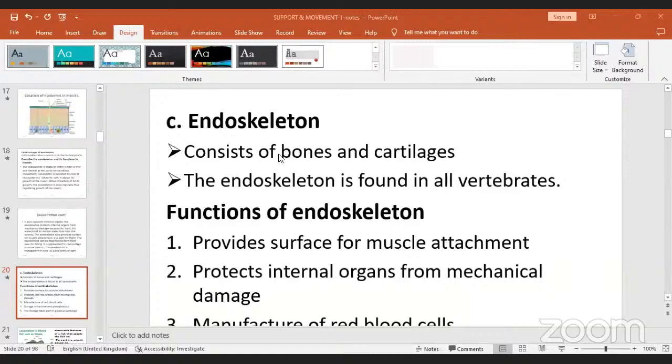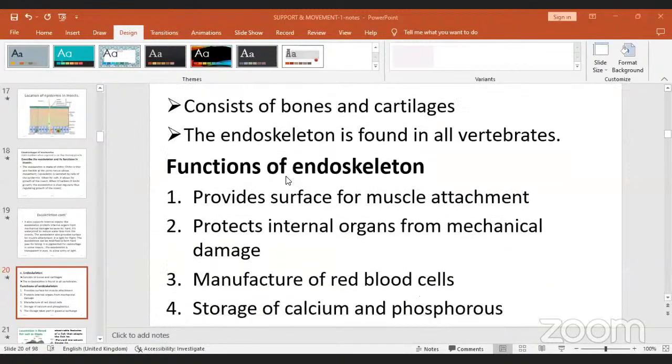Functions of the endoskeleton: though you are not able to see it, it is covered with the tissues of your body. So one of the functions is that it provides surface area for muscle attachment.